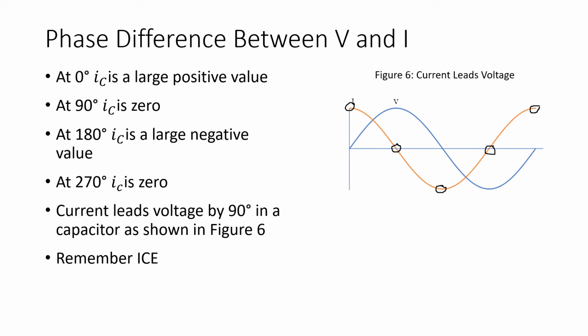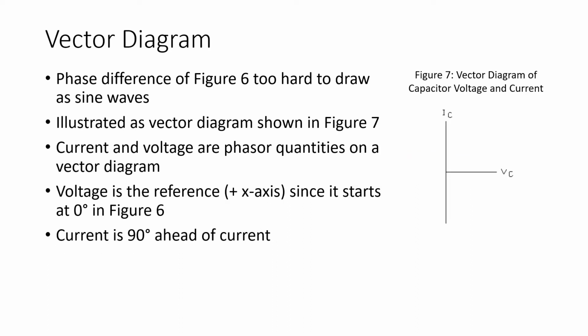Now it's difficult to sketch these sine waves to represent the phase difference between current and voltage in a capacitor. So we'll illustrate this using a vector diagram. Figure 7 shows us the vector diagram that represents the phase difference between the current and voltage in a capacitor.